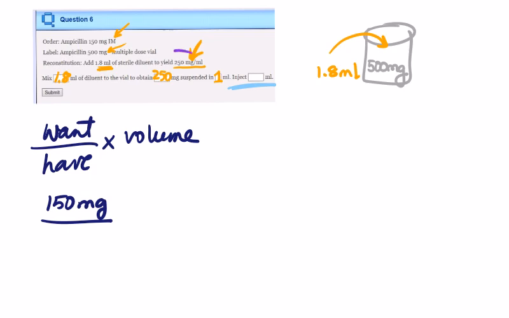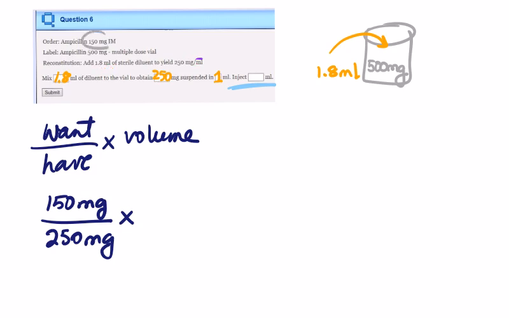The concentration is this simplified concentration we have here, which is 250 milligrams per 1 mil. So we need the milligrams because that's what we have here in the fraction, 250 multiplied by, so let's just tidy it up here.